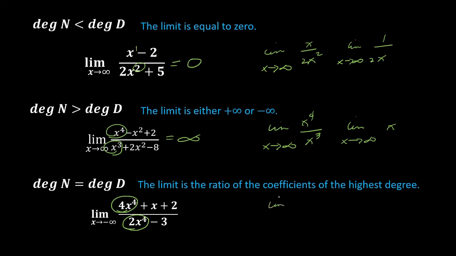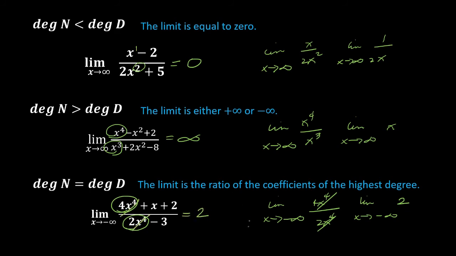Therefore, we have the limit, as x approaches negative infinity, of 4x raised to 4 over 2x raised to 4. If we try to simplify, the x raised to 4 terms cancel, so I have 2. The limit of a constant is itself, so we're getting the limit of 2, therefore this is 2.